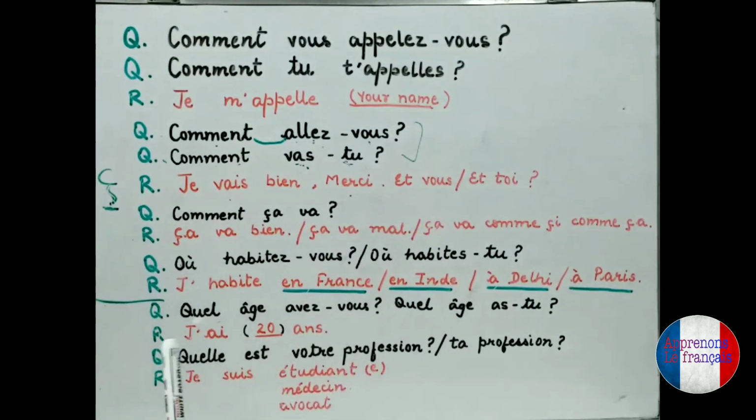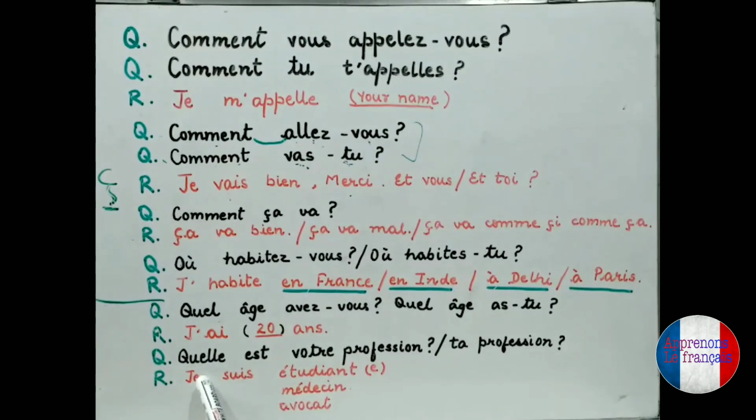The response would be, je suis étudiant, that means I am a student, and if you are a female then you will add an E with this T here, so the pronunciation would be je suis étudiante. Otherwise the T is a consonant in the ending, so the pronunciation will be up to N only, so the pronunciation is étudiant. And in the feminine case it would be je suis étudiante.